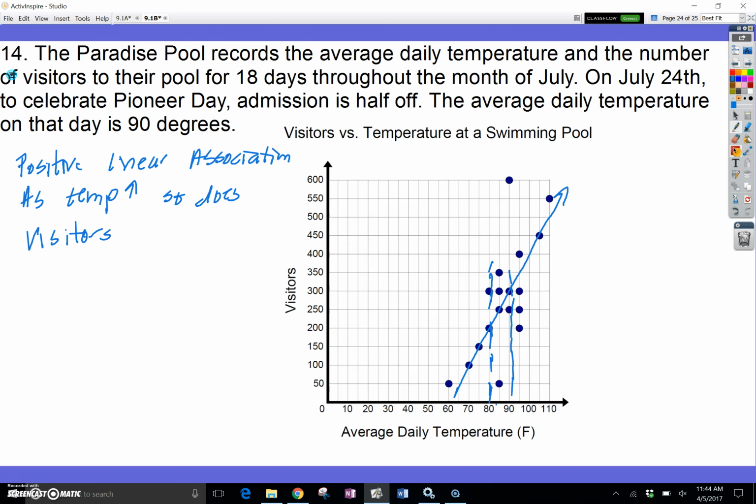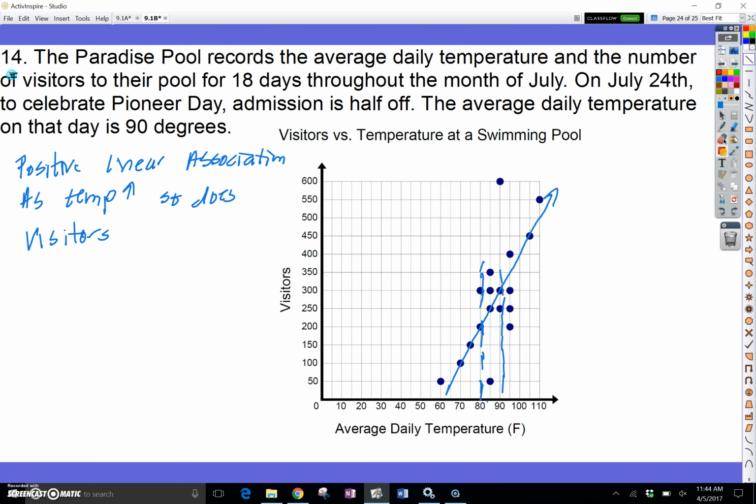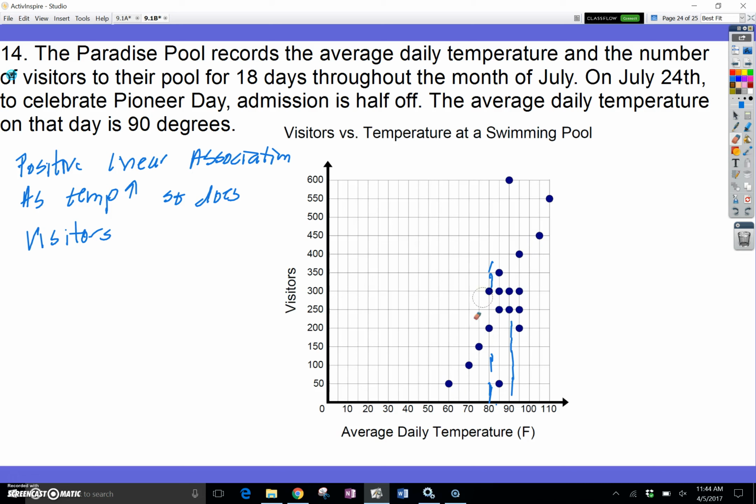So what this is saying is, in the month of July, the majority of the days are between 80 and 90 degrees, and between 200 and 300 people go. So it's this section right here that they're talking about.